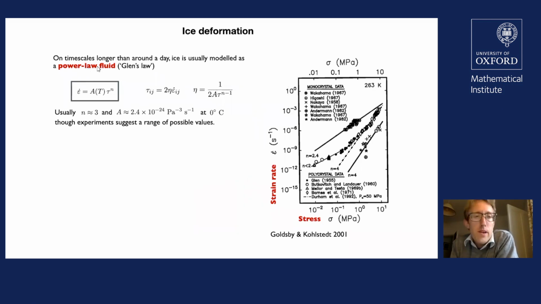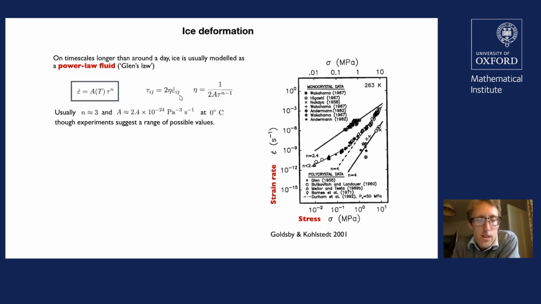But the experimental measurements suggest that it's not a Newtonian fluid. It has a non-constant viscosity. So this is a relationship between the strain rate, epsilon dot, and the stress, tau, where in the exponent n, the experiment suggests is about 3. That means it's shear thinning. So the faster it's moving, the lower its viscosity.